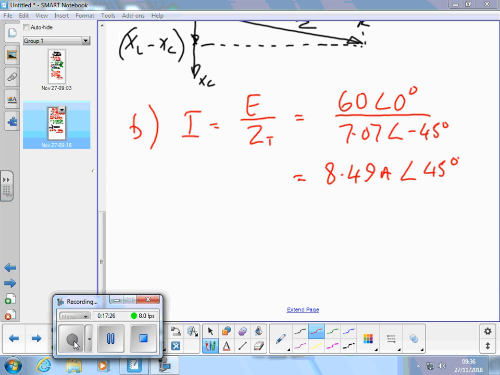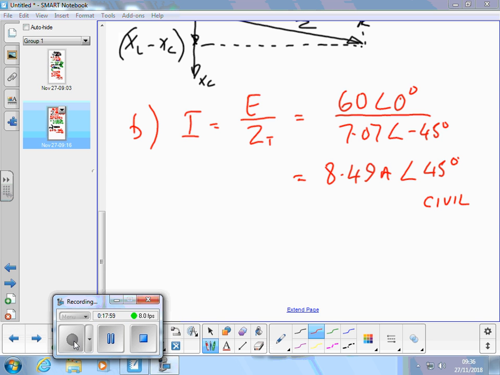So, everybody happy with that? 8.49 amps, angle positive 45 degrees. Because this calculation here is 0 minus 45, so it changes to positive. Quite often, in a hurry in the exam, under pressure, those are the kind of areas you go wrong, two negatives making a positive. We check that with CIVIL. We know this circuit is overall capacitive from the phasor diagram.